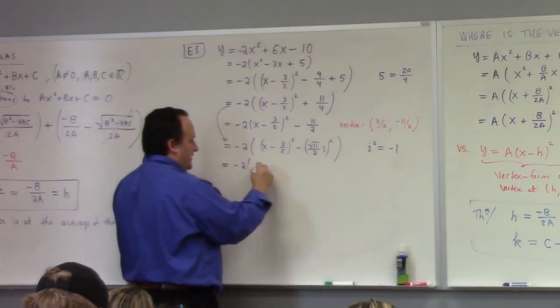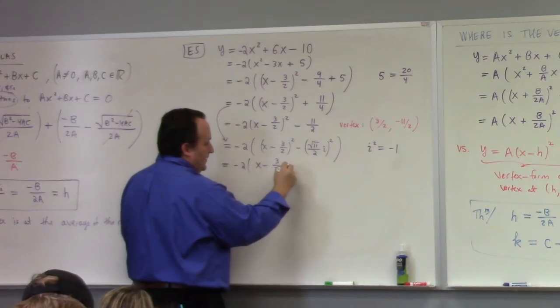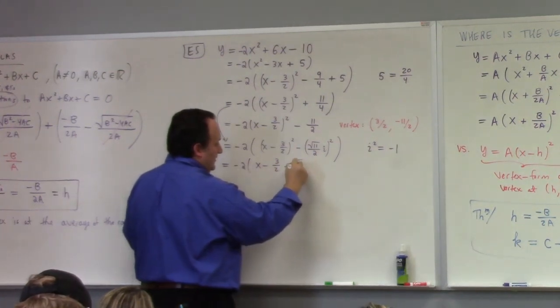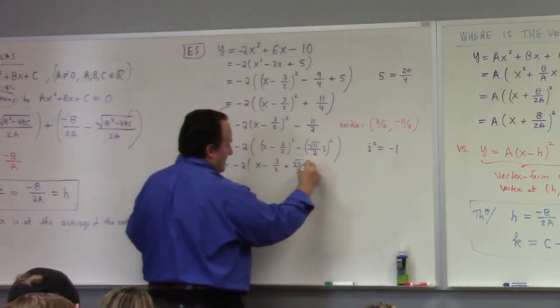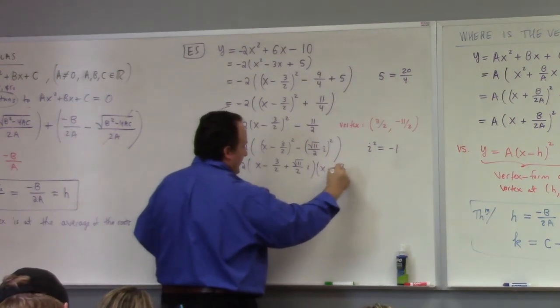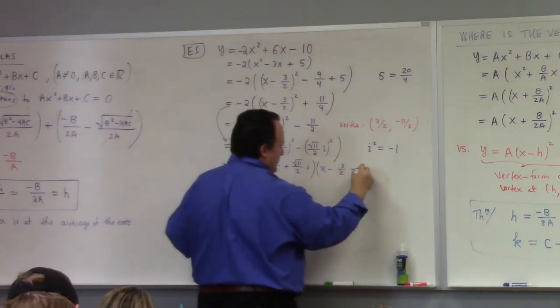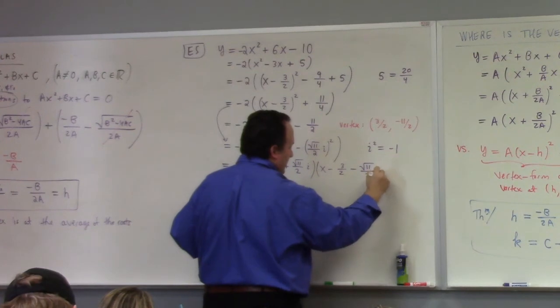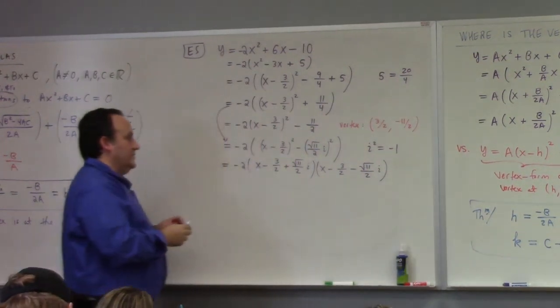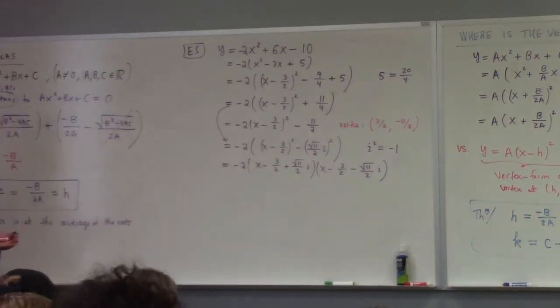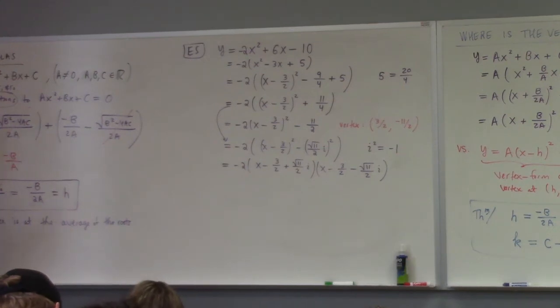And here it is. So I get x minus 3 halves plus the square root of 11 over 2 times i, x minus 3 halves minus the square root of 11 over 2 times i. So this is a prime polynomial in the sense that we cannot factor this over the reals, right? What are the zeros?